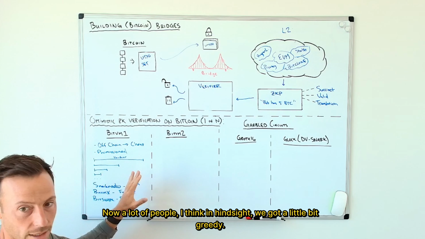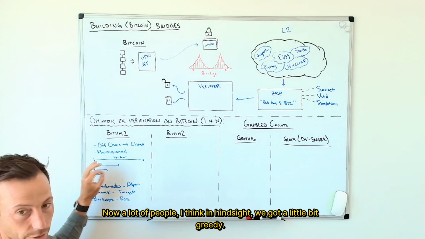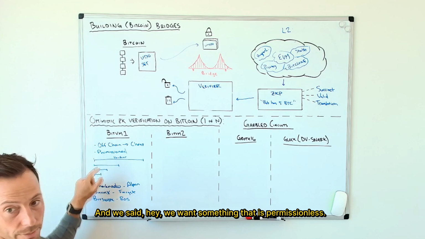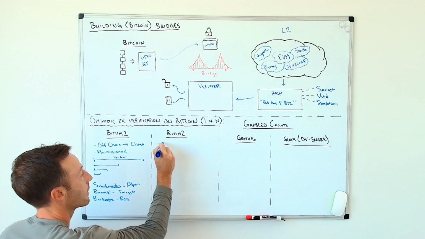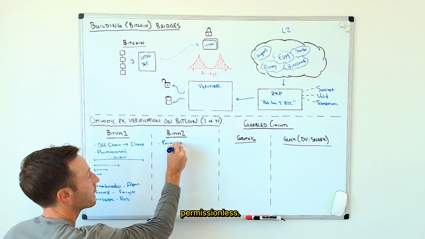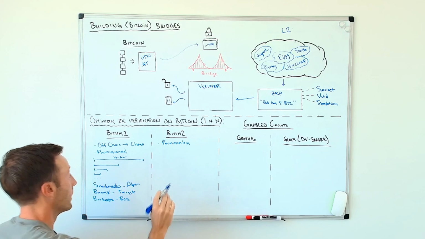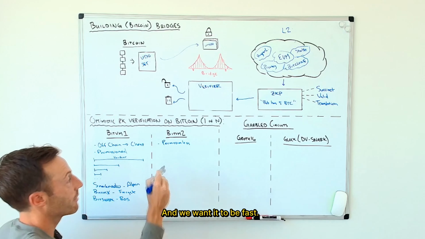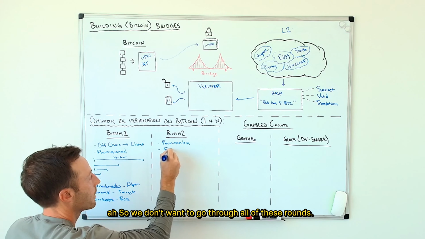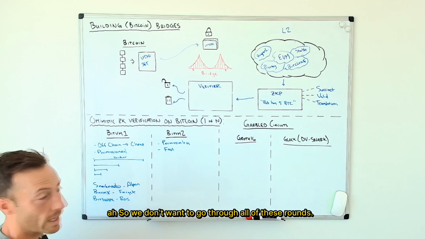Now, a lot of people, I think in hindsight, got a little bit greedy, and we said, hey, we want something that is permissionless, and we want it to be fast. So we don't want to go through all of these rounds.